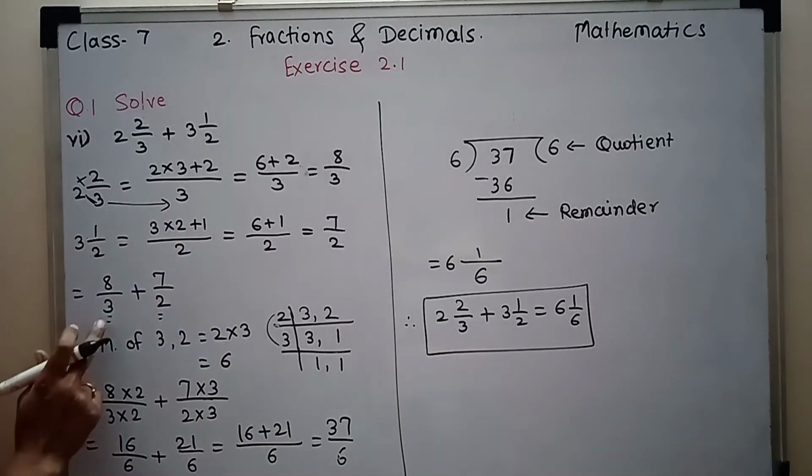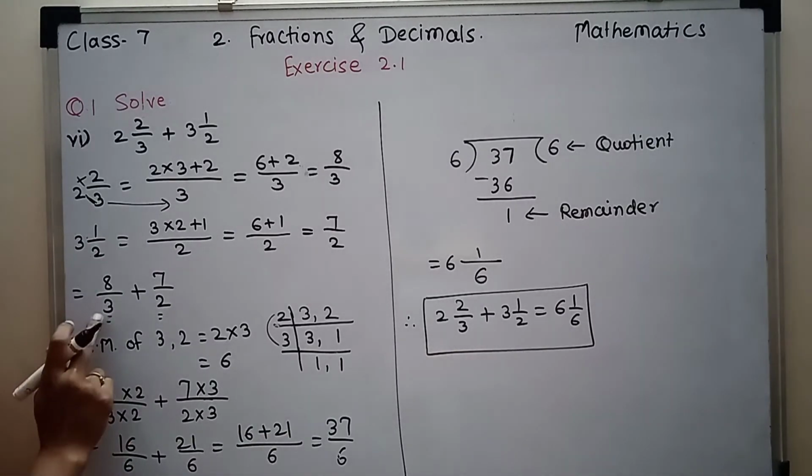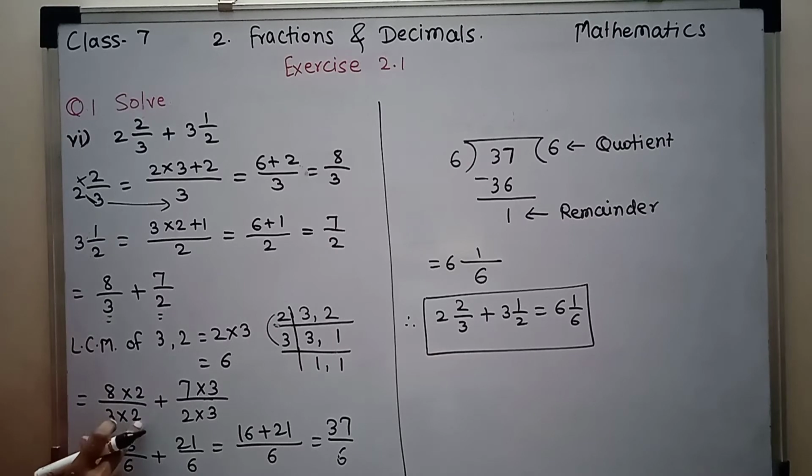Moving back to our example. We need to make the 3 as 6, so we need to multiply the denominator by 2. As we multiply the denominator, we should multiply the numerator. Similarly, here we have the 2. To make 6, we should multiply by 3 in the denominator.